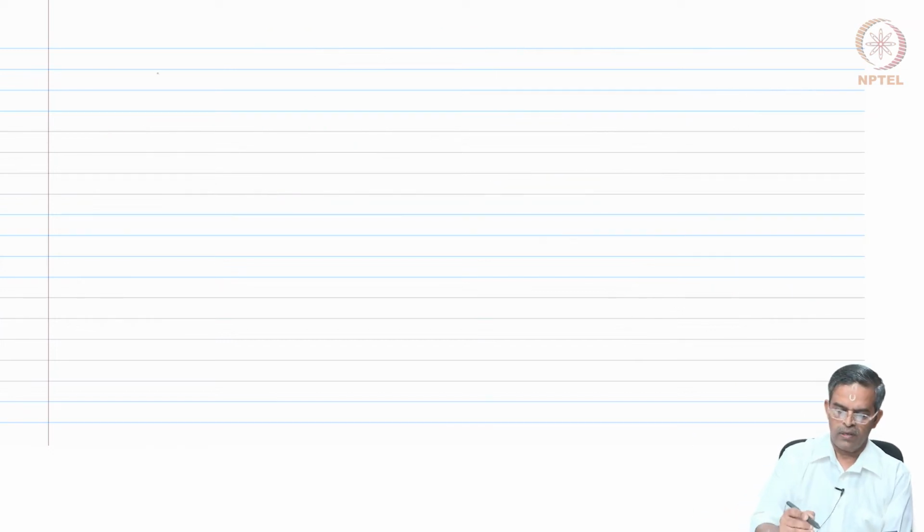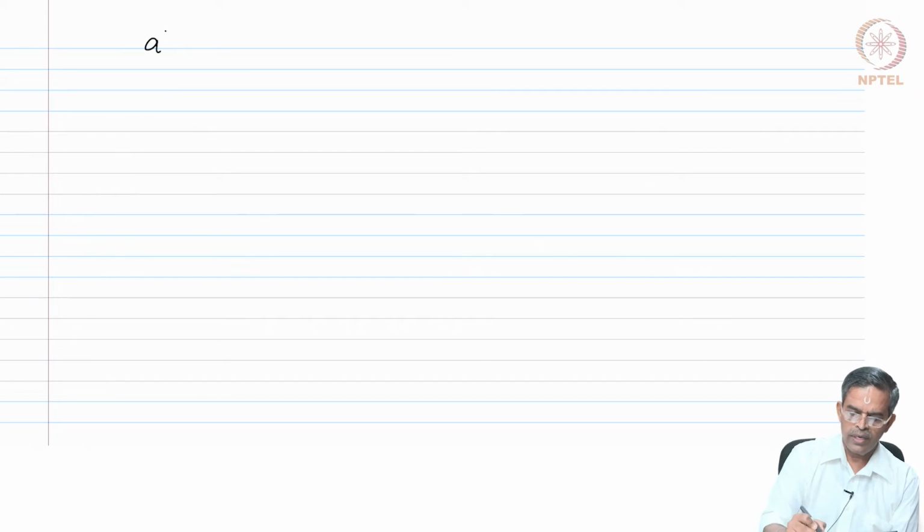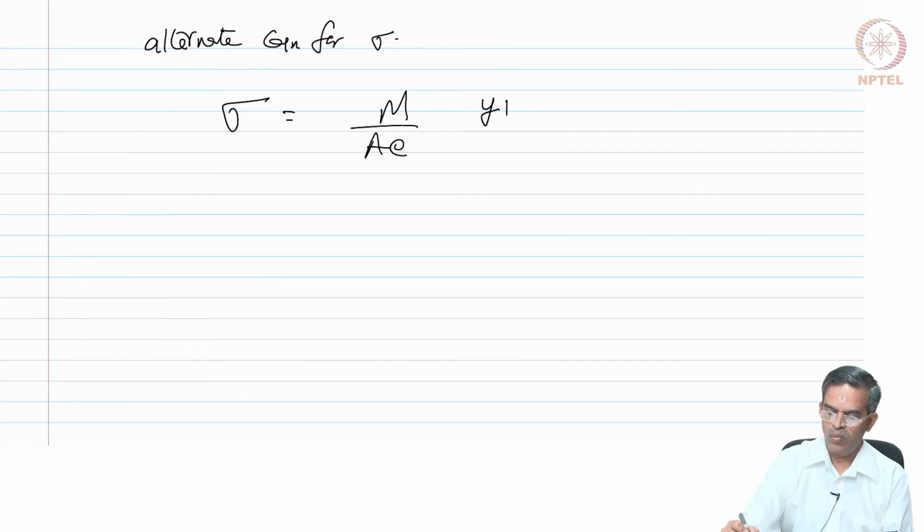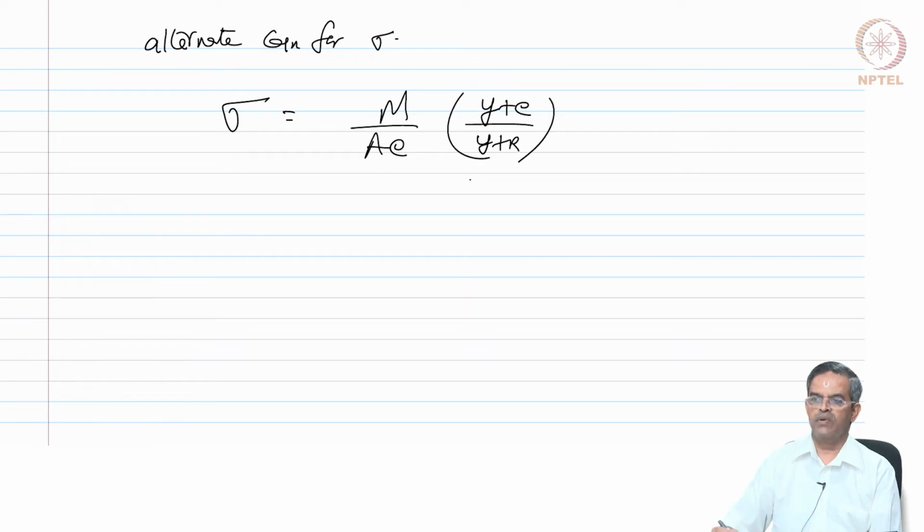Right. So, let us apply this condition and try to find out the equations for intrados and extrados. We also have an alternate equation for stress. Stress is also given by M by AE, y plus e by y plus r. If you remember, we derived this equation. This was equation number 14.